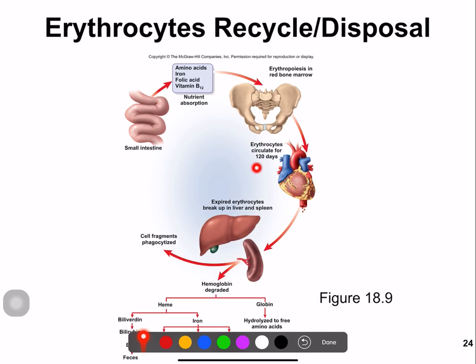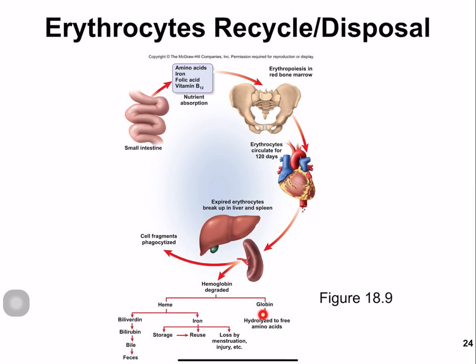They circulate for, on average, about 120 days, and then they enter special channels in the spleen and liver, where they are broken down. The cell fragments are phagocytized, and the hemoglobin is broken down. The globin is basically hydrolyzed into free amino acids.